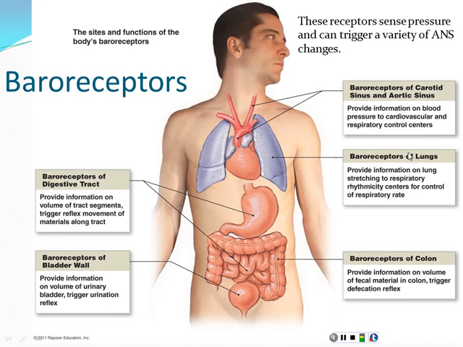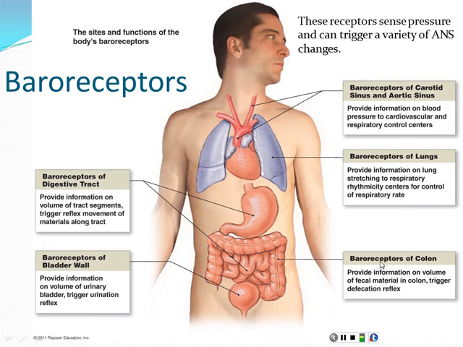In the lungs, we have some baroreceptors to prevent us from overstretching our lungs. In theory, our muscles are strong enough that we could damage our own lungs by breathing too hard, essentially. So the baroreceptors prevent that from happening. If the pressure gets too high or too low, it'll stop that inhalation or that exhalation.